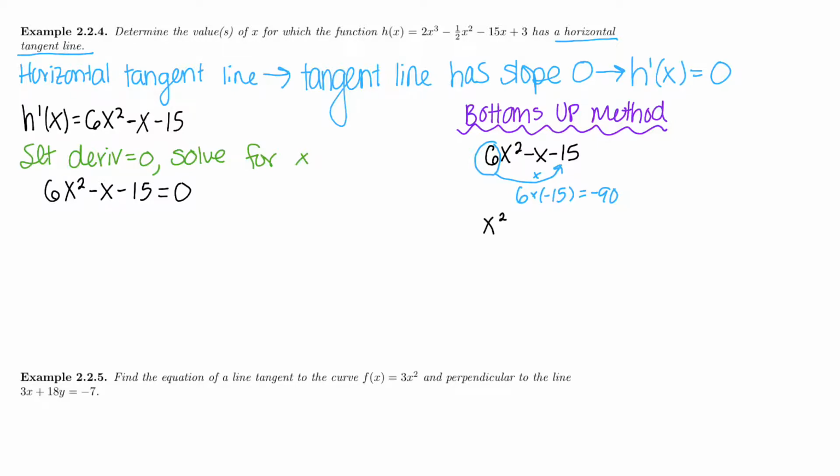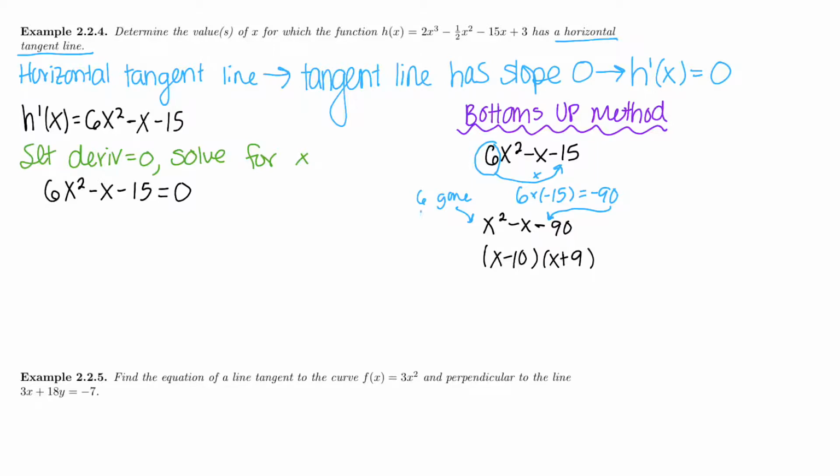So you have x squared minus x, and then you take this negative 90 and you put it right there. So you replace that last number. The 6 is gone now. You can factor this. So this is going to factor into x minus 10 times x plus 9.